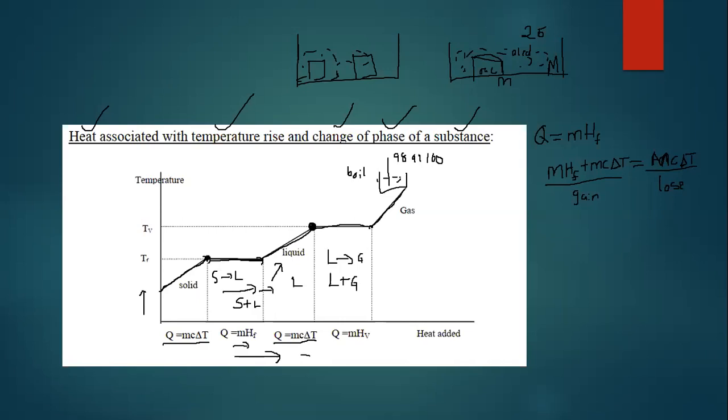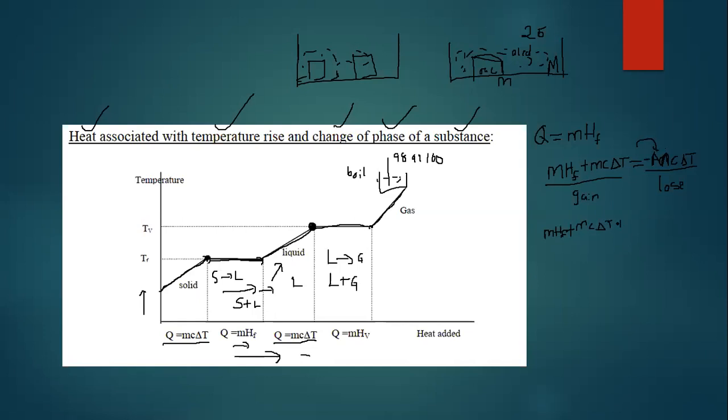So what will happen is, usually in normal cases, we don't even put this one on the other side. If we change this one to the other side, we must make sure we put a minus to it, because the actual equation is that we have mass times the heat of fusion for the ice as it melts, plus after it has melted, it will start changing its temperature, so the specific heat capacity times the change in temperature.